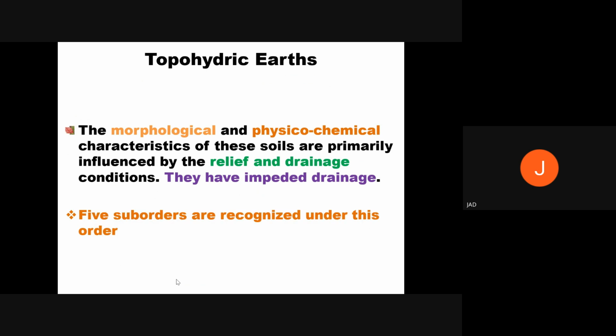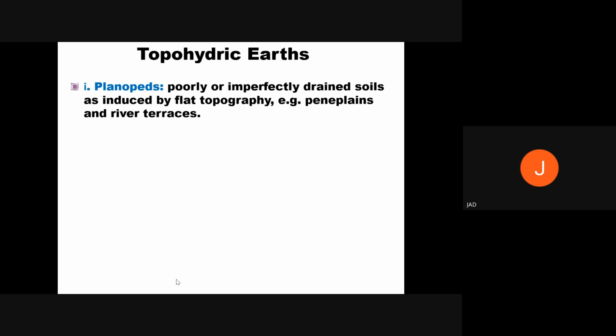Under the topohydric soils, we have five orders, and these are planopeds. The word plano means that it talks about flat land. These are poorly or imperfectly drained soils, induced by flat topography, peneplains, and river terraces.